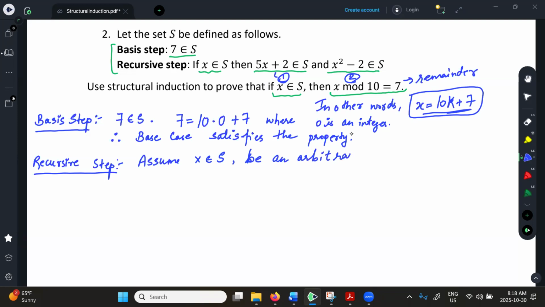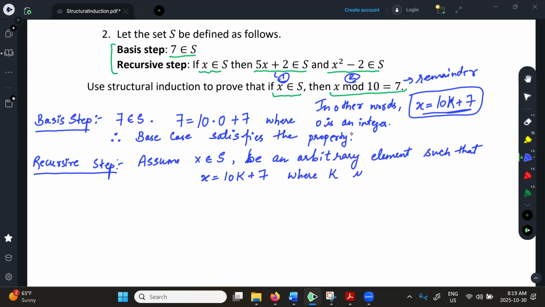Let x belong to S be an arbitrary element such that x is of the form 10k plus 7, where k is an integer.